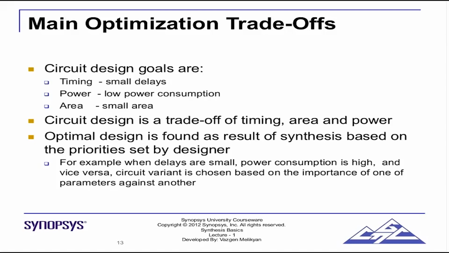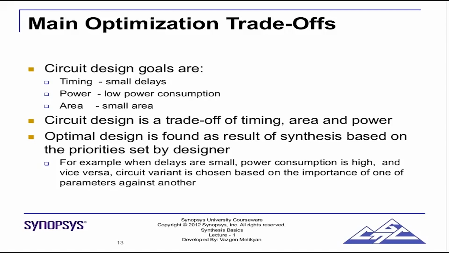Obviously the 600 MHz will have more area, because I am asking the tool to give me more performance, but there will be some cost, and the cost is area and obviously power. So the 600 MHz microprocessor netlist will have more area and more power when compared to a 400 MHz design. This is what is meant by the priority set by the designer.